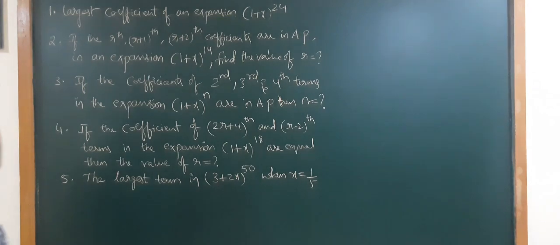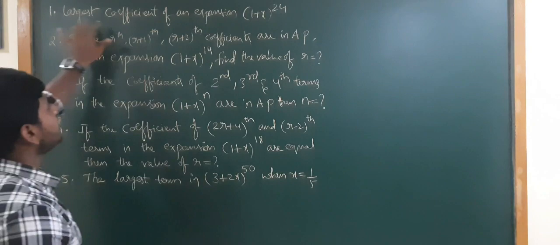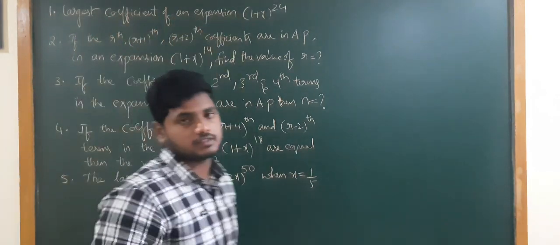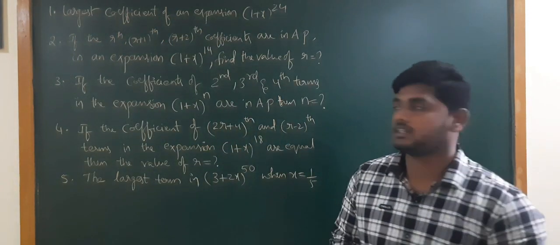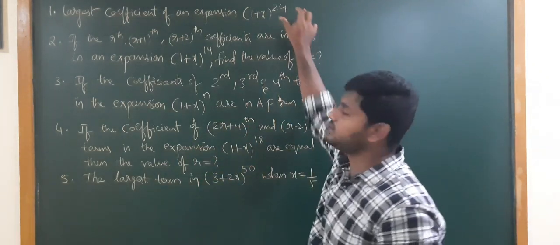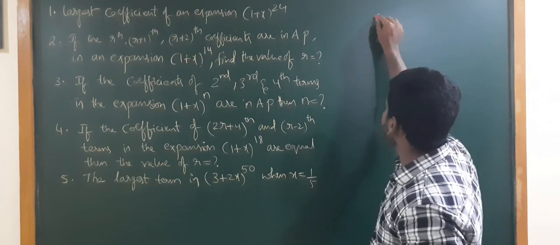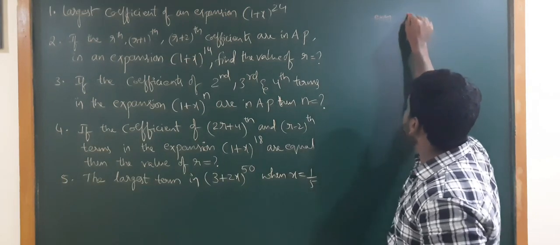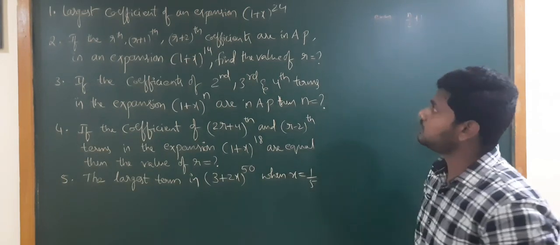Now we will solve these three MCQs. First question is, find the largest coefficient of an expansion. As I said, for coefficients, what we need to observe is the index. If n is even, it means n by 2 plus 1.